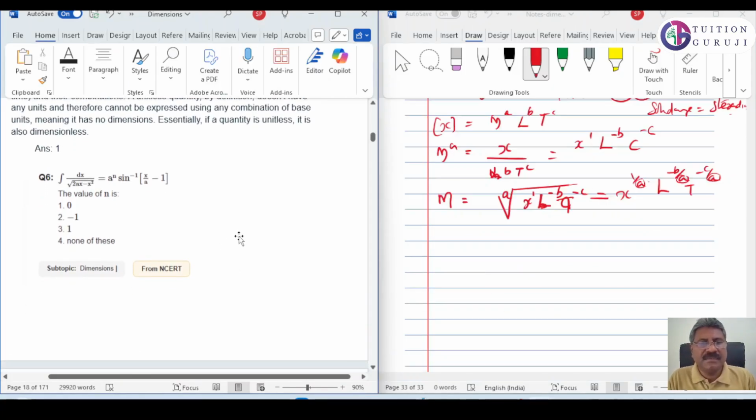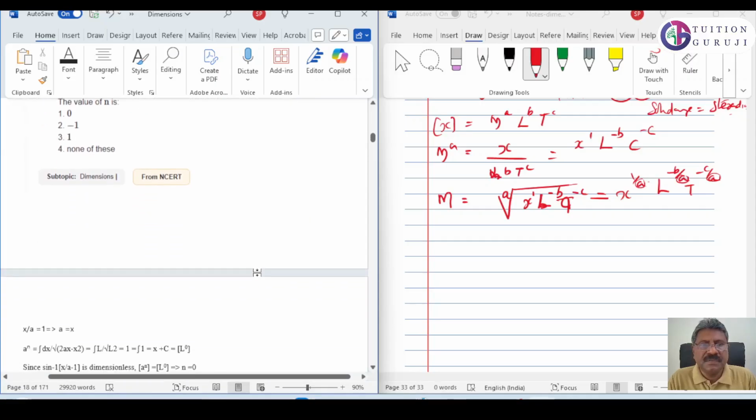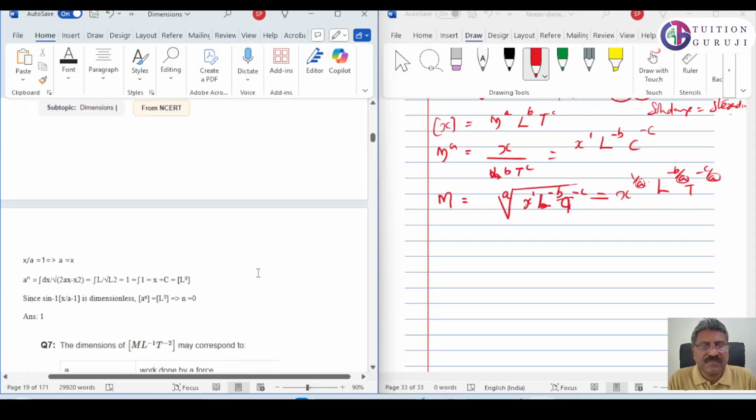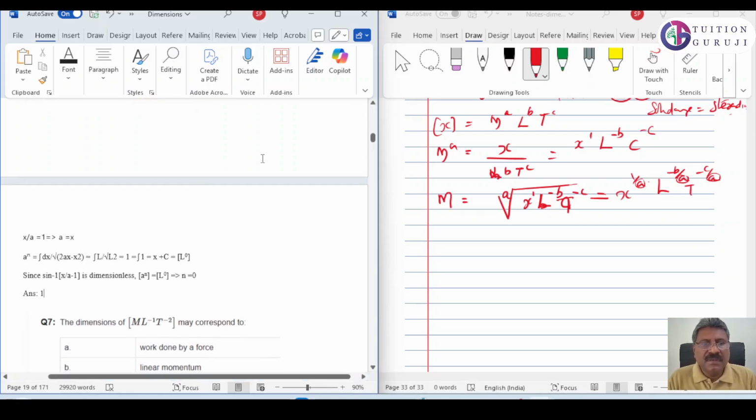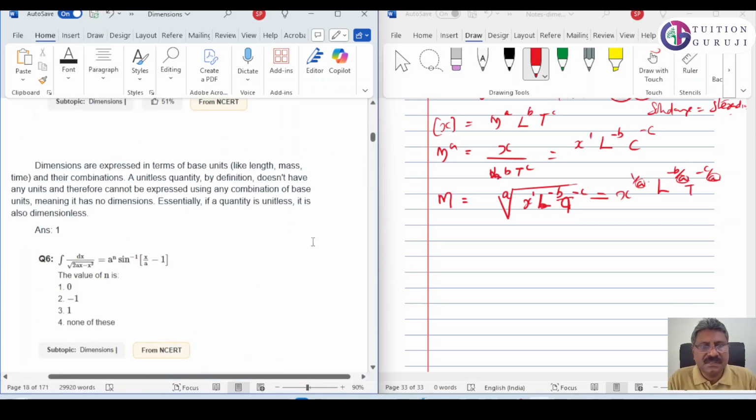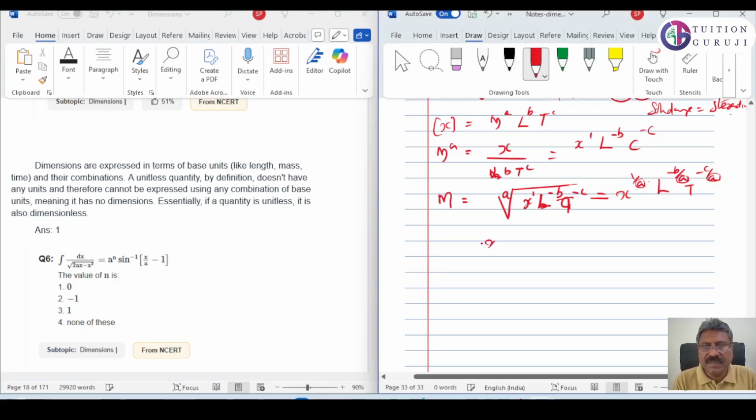The integral of dx by root of 2ax minus x square is equal to a raised to n sin inverse of x by a minus 1. Here we can see, since sin inverse x by a minus 1, we can say x by a is equal to 1, which implies x is equal to a.